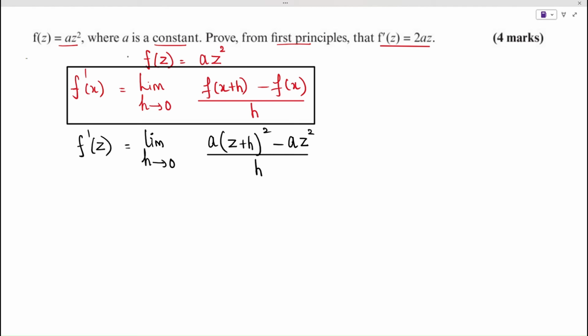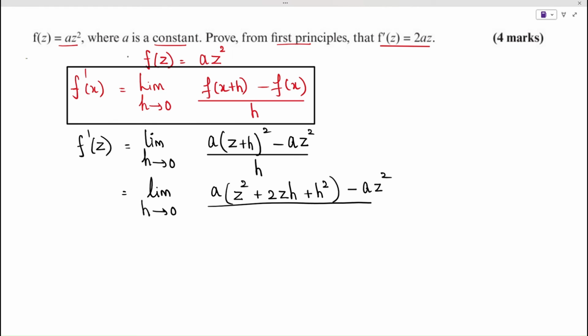Now we'll expand our brackets. So for this we get lim h tends to 0, a times z squared plus 2zh plus h squared, minus az squared all over h.